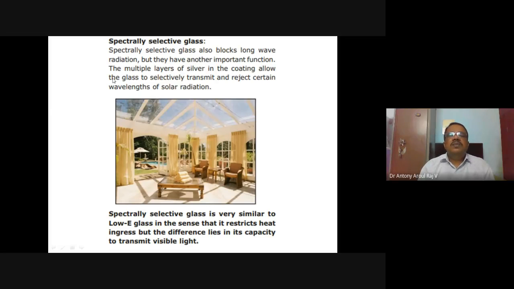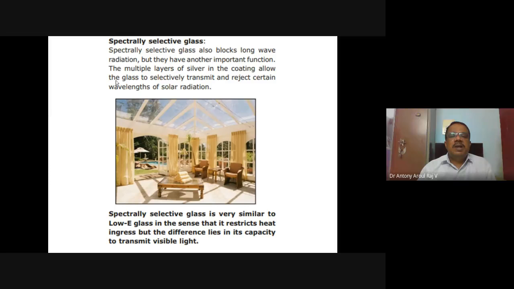If multiple layers of silver are coated, it will allow the glass to selectively transmit and reject certain wavelengths. It will be like the sunglasses, Ray-Ban glasses we wear now. Some light will be very pleasing for the eyes. Likewise, in glass also you can be spectrally selective, and you can use it.